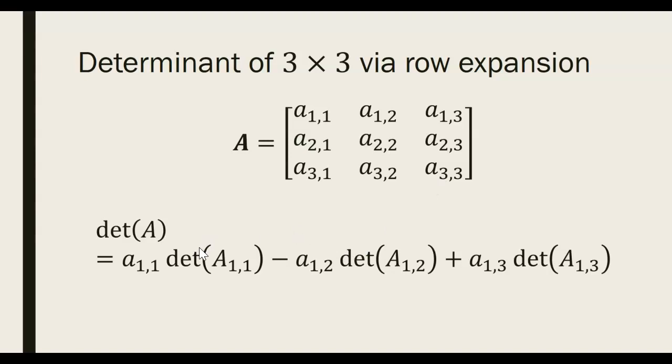Now you do all three of these calculations separately, and then what you do is you'll put a positive on this A11 entry times its determinant of the submatrix. You'll put a negative on the A12 times the determinant of the submatrix, and you'll put a positive on A13 times the determinant of that submatrix.